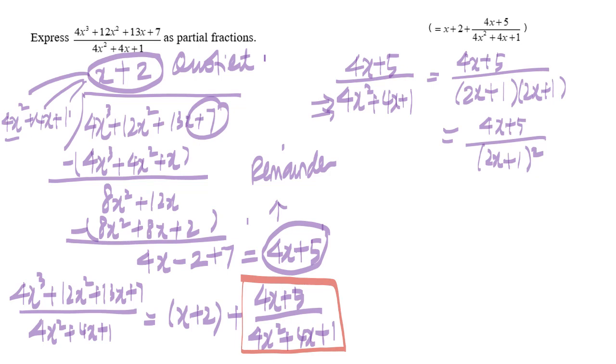Do you remember? We can let it equal to A over 2x plus 1, plus B over bracket 2x plus 1 squared. Okay? And then we combine them into one single fraction.